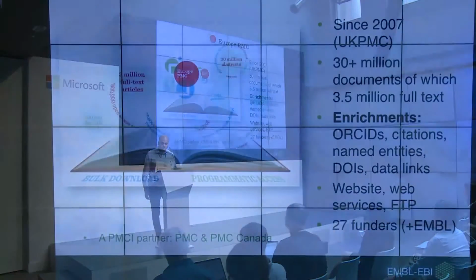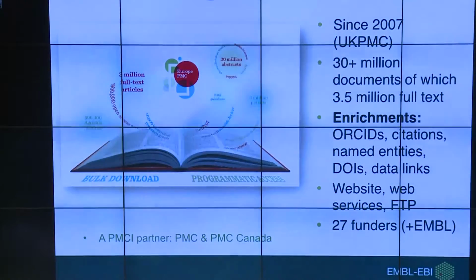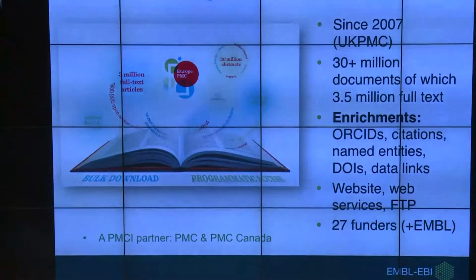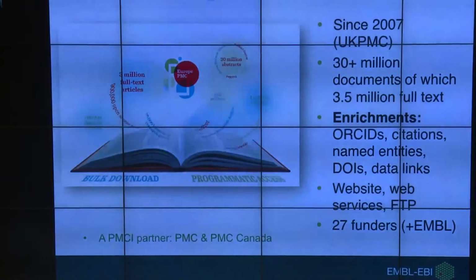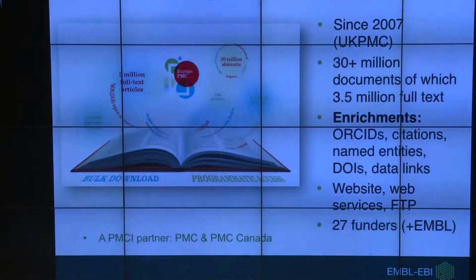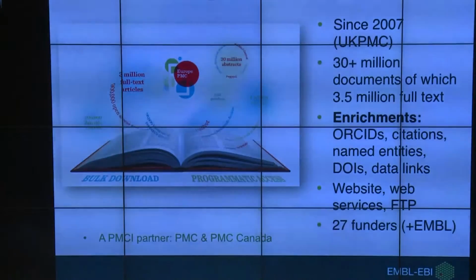So Europe PMC essentially has over 30 million documents, out of which 3.5 million are full-text articles, and also over 29 million PubMed abstracts.